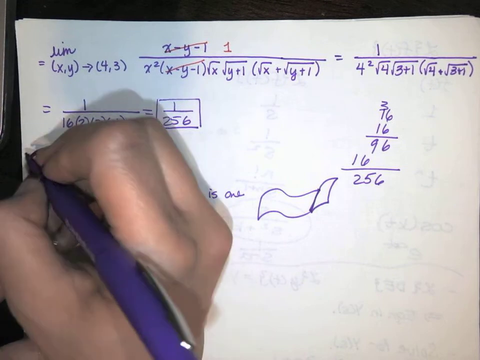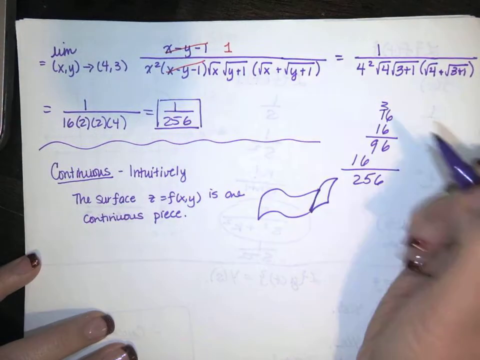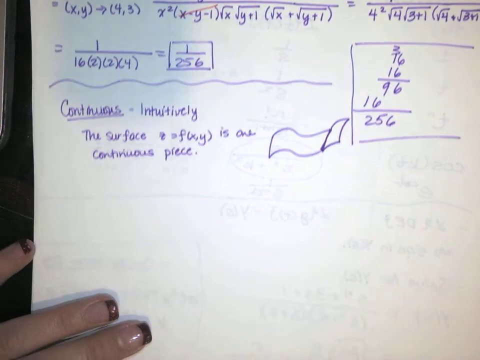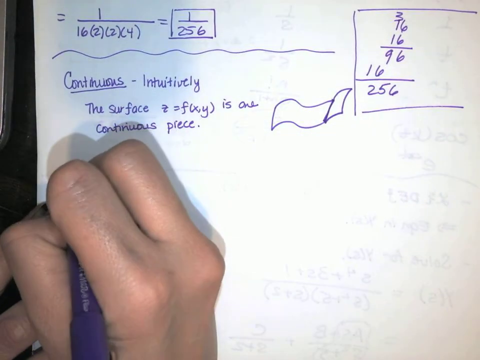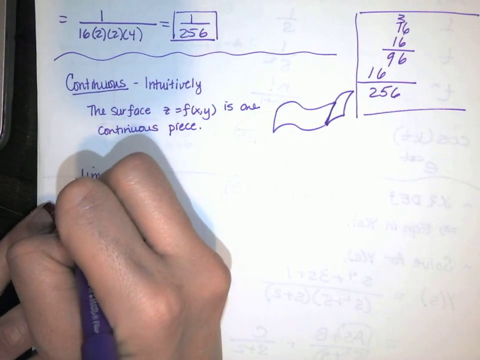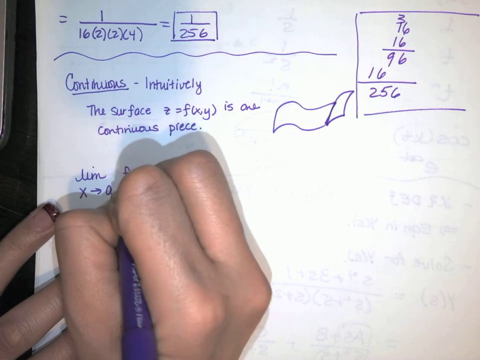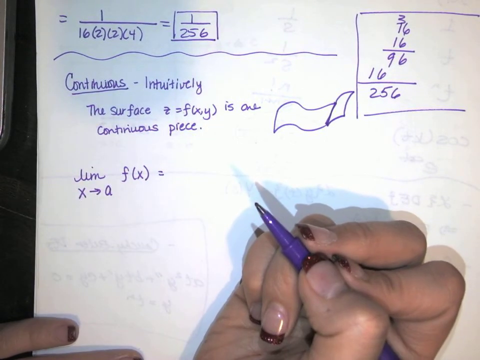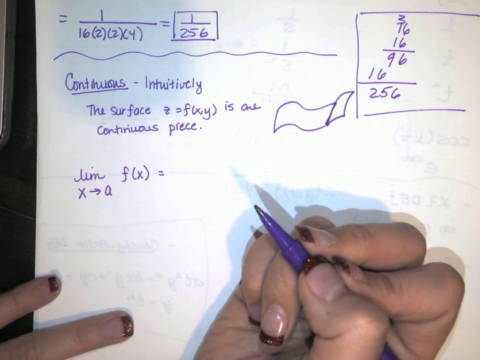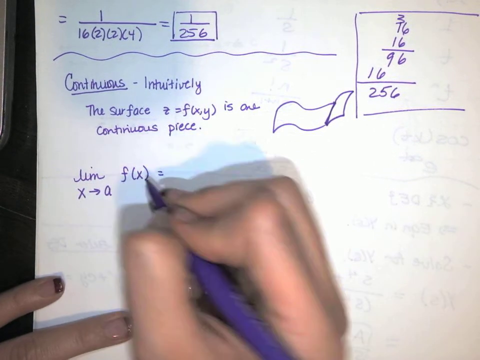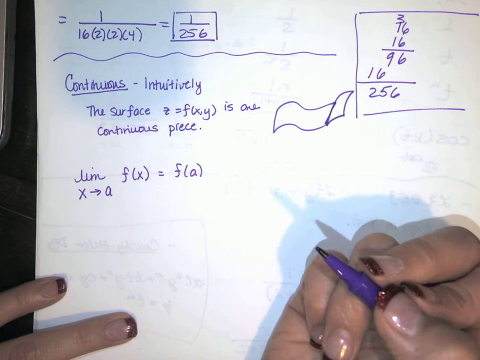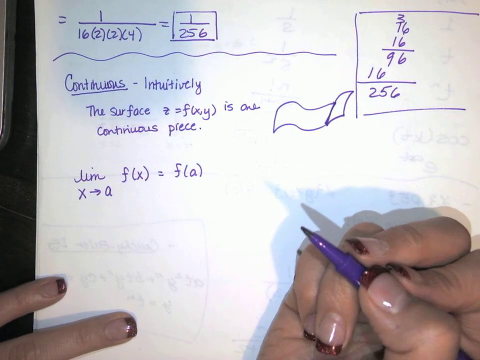Now, you say, okay, well, if I can't see it, then how do I define it? Well, if I want to define continuity formally, remember what we did in Calculus 1. We said a function is continuous at a certain x value if this limit exists and the function value exists and the limit and the function value are the same thing.